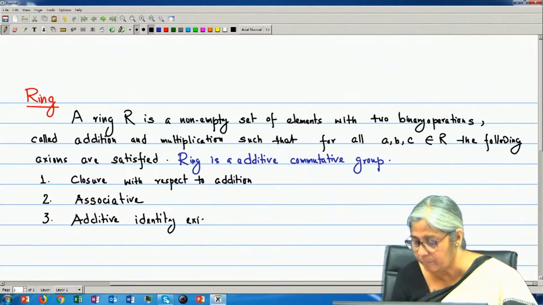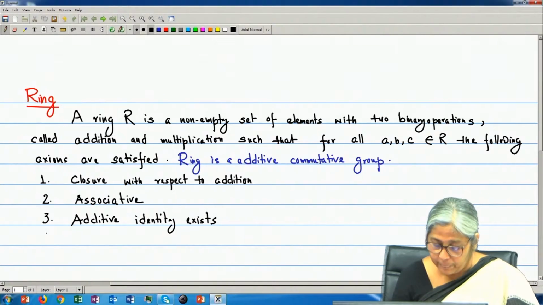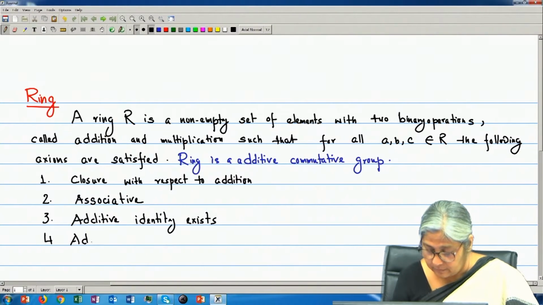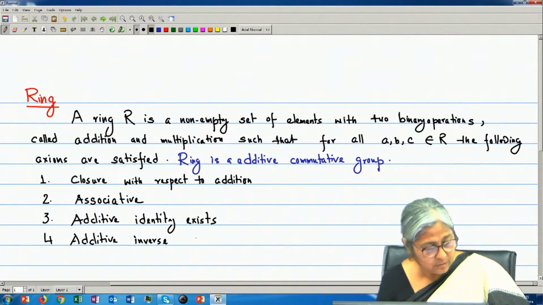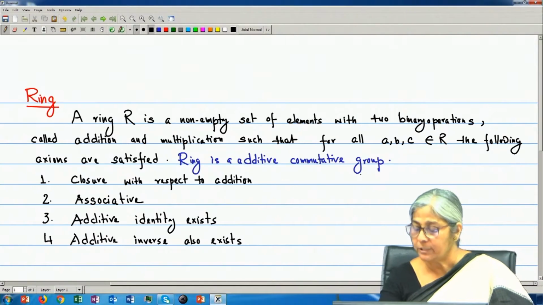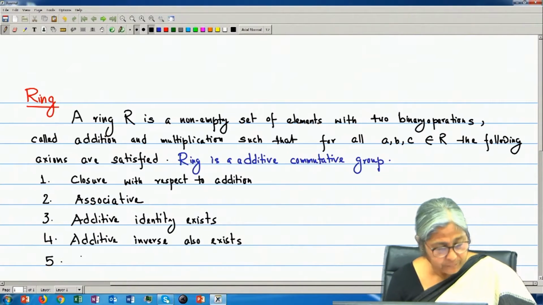Then the additive identity exists, and if it is a group, then there must be an additive inverse also. It is a commutative group, so it must hold the commutative property.